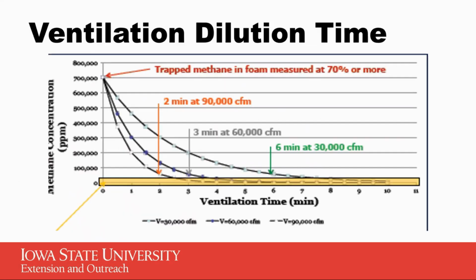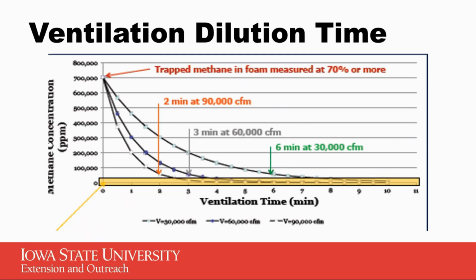And we'll show that here with this one, just as far as the ventilation time and dilution. So this graph here is working off of a standard 2480 hog barn. Looking at 90,000 CFM divided by 2480 is roughly going to be around 35 CFM per pig space.